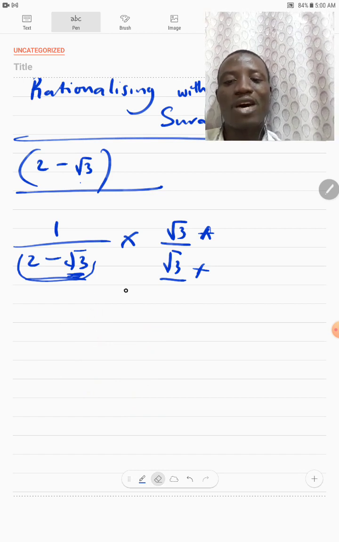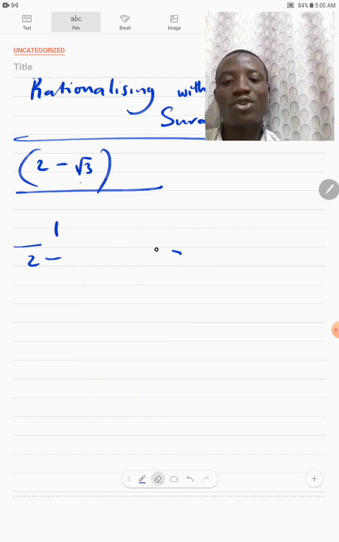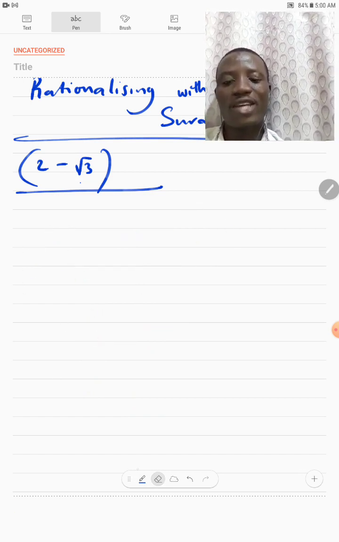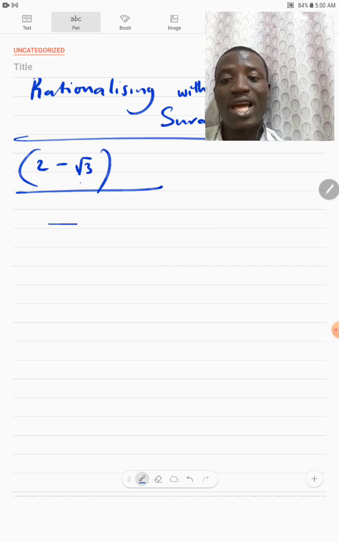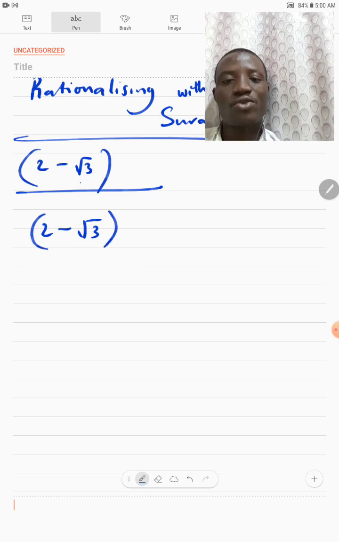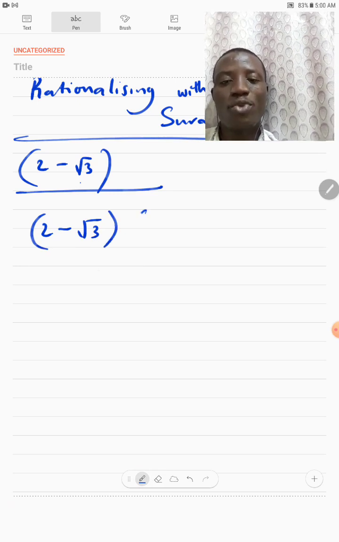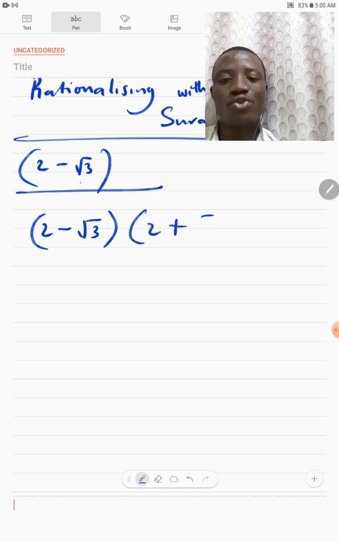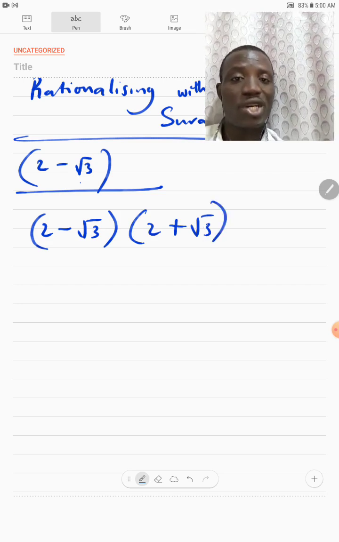So what is now a conjugate surd? Let us look at what we can use to rationalize something like 2 minus root 3. Let's say we multiply this by 2 plus root 3. Let's see if it will result to a rational number.